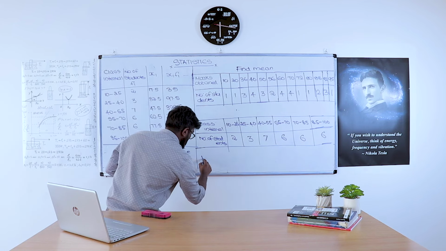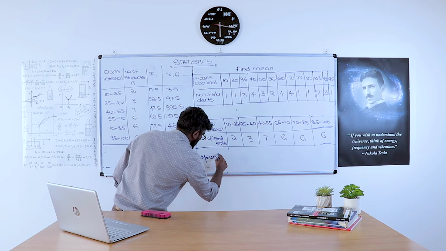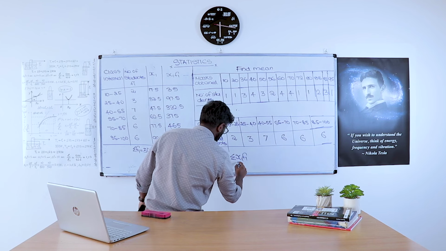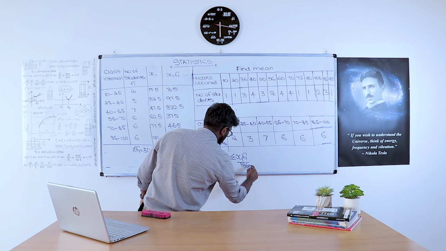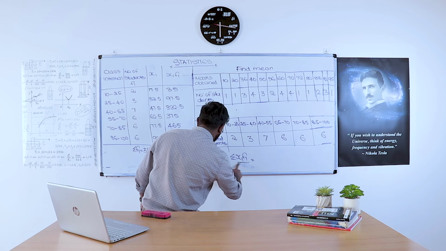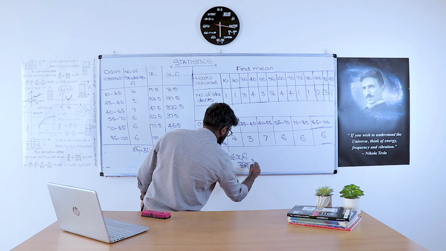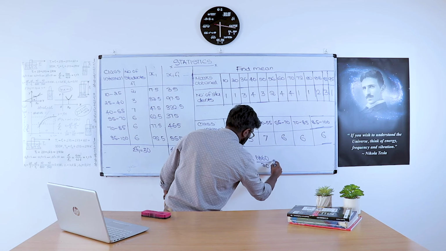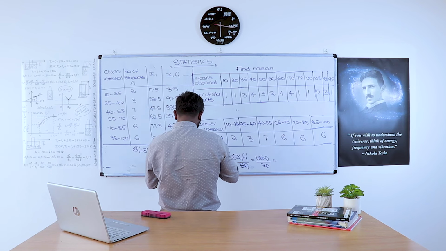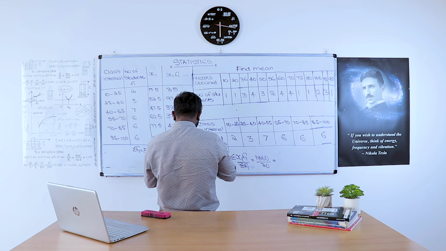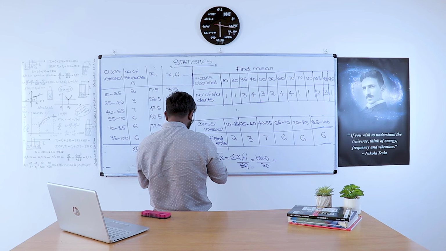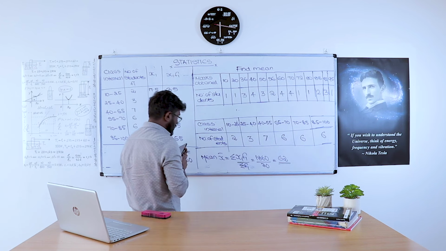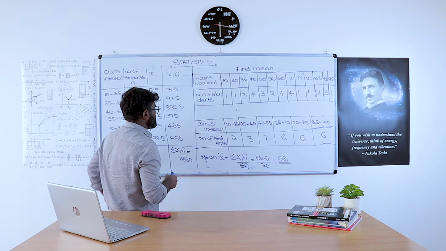So the mean, x bar, equals summation fi xi by summation fi, that is 1860 by 30, which is equal to 62.